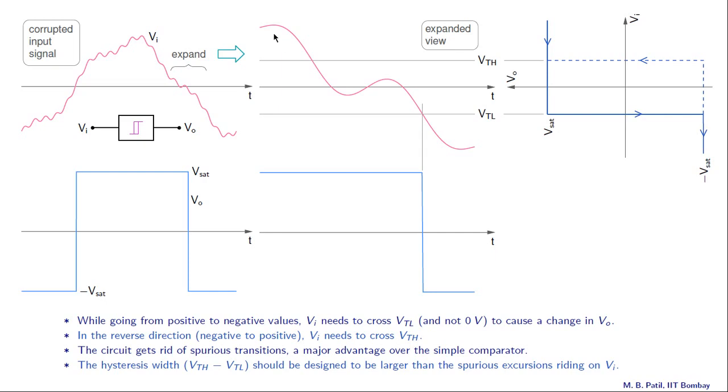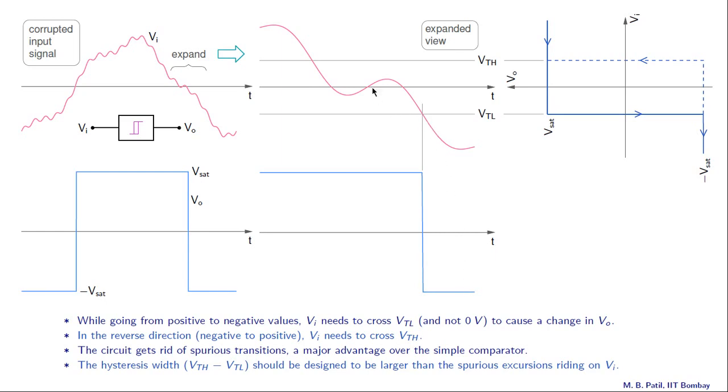When the input voltage is here, we are here on this VO versus Vi relationship. And now what's happening? As time proceeds, this input voltage is coming down, so we are going in that direction. And when is the output going to change? The output is going to change not at VTH but at VTL. So that means the output will only change when the input voltage reaches this point, and that is exactly where this transition is occurring.